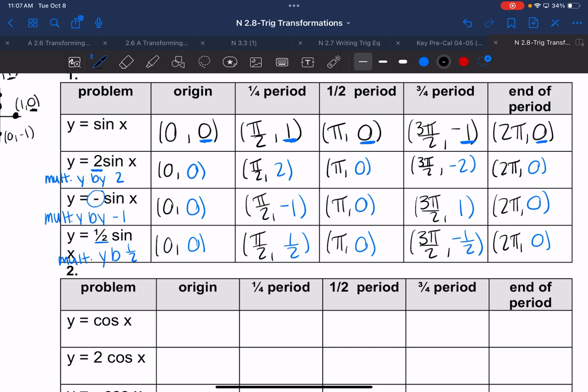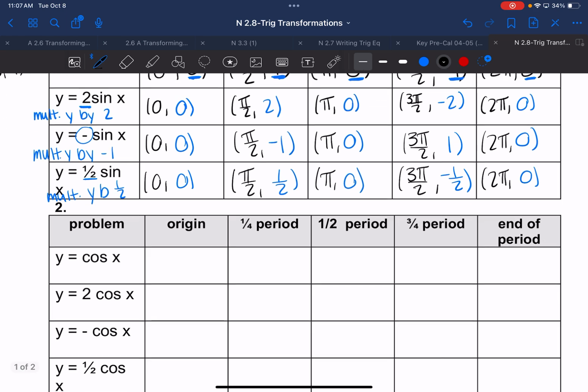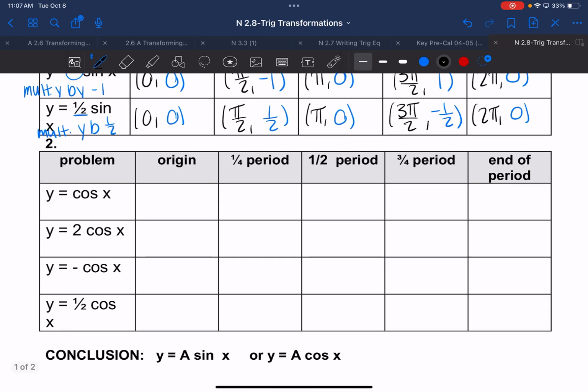Very good. Okay. Now they want us to do the same thing, but for cosine. So let's see our original points for cosine. I still would start at 0 and work my way around the circle, from 0 to pi halves to pi to 3 pi halves, all the way back to where I start at 2 pi.